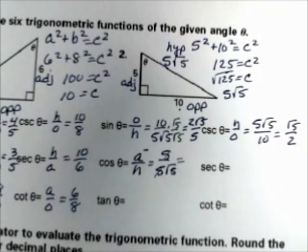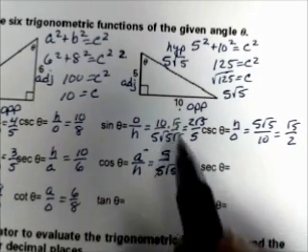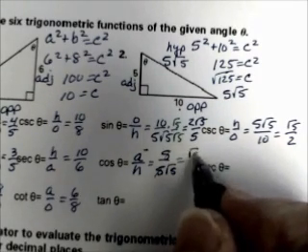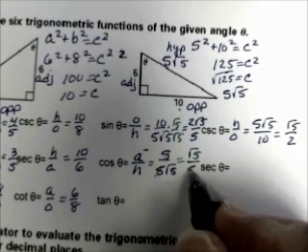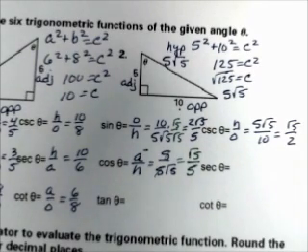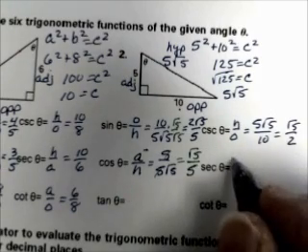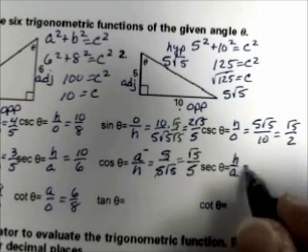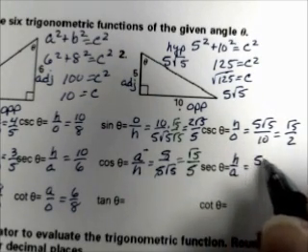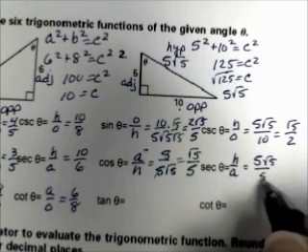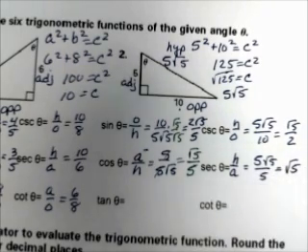I know I'm going to have to rationalize the denominator by multiplying by 1 in the form of square root of 5 over square root of 5. So I'll end up with square root of 5 over 5 as a final answer. Secant is the reciprocal, hypotenuse over adjacent, 5 square root of 5 over 5, which simplifies to square root of 5.